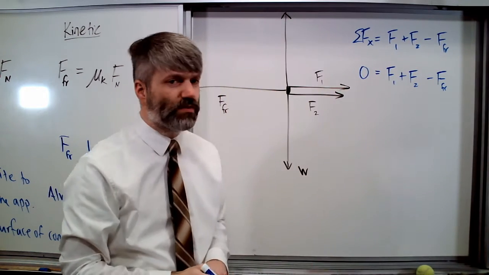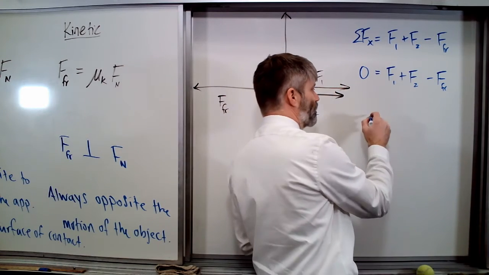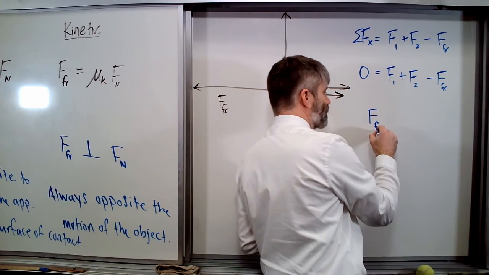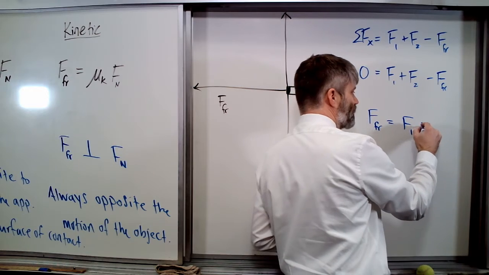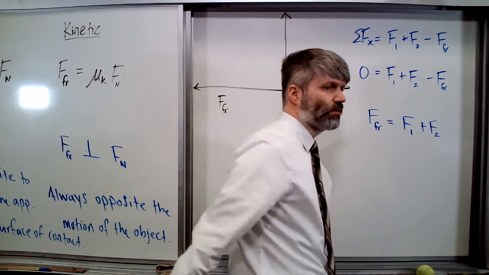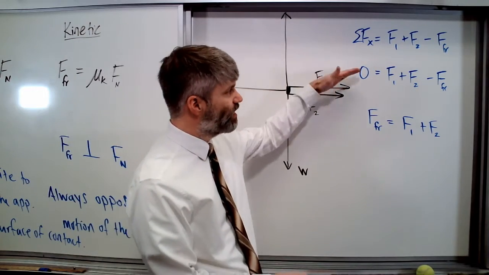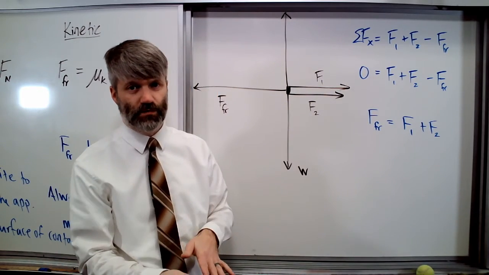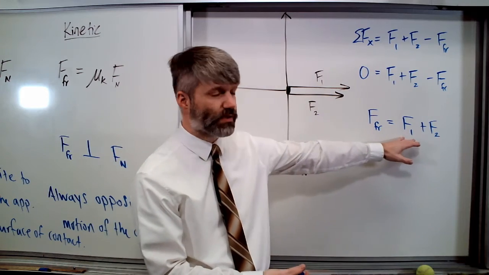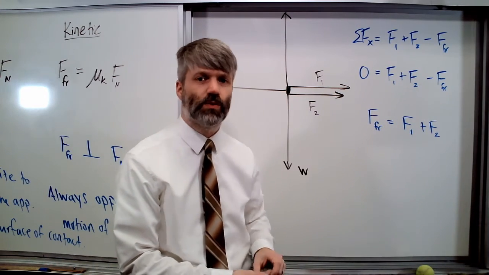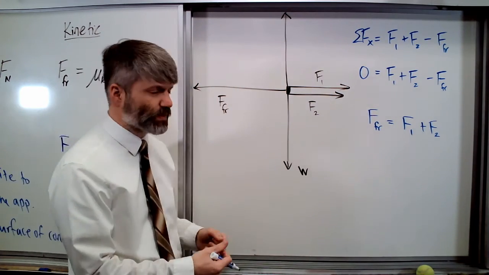So we can see that the force of friction has to be equal to both of their pushes. Well, we had already determined that just conceptually based off of the idea that it's not accelerating. But you can see how, again, mathematics is the language of physics, and the mathematics tells us the same thing that we got conceptually. The two work together.